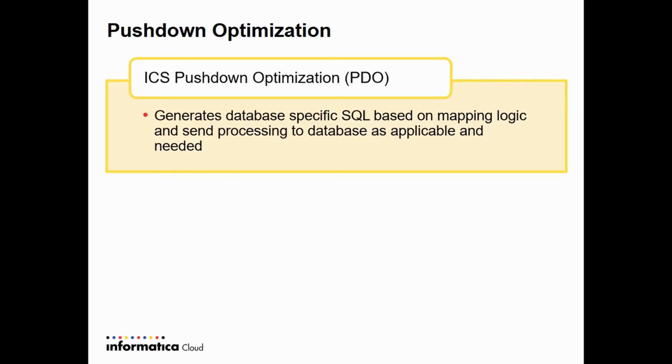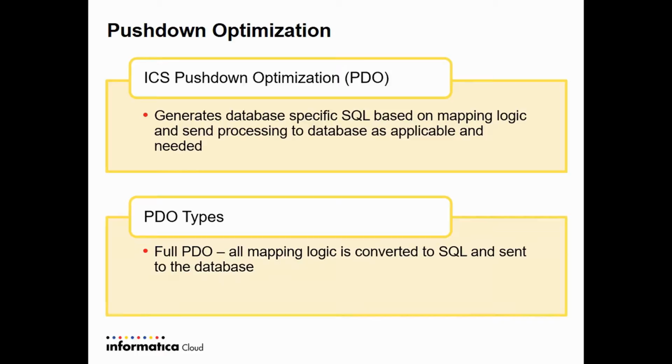Sometimes, instead of reading all the data to the Informatica Cloud server, it might be useful to do some of the transformations such as filtering, aggregation, joining on the database itself, and then write the final output to the target. There are two types of push-down optimization processes.